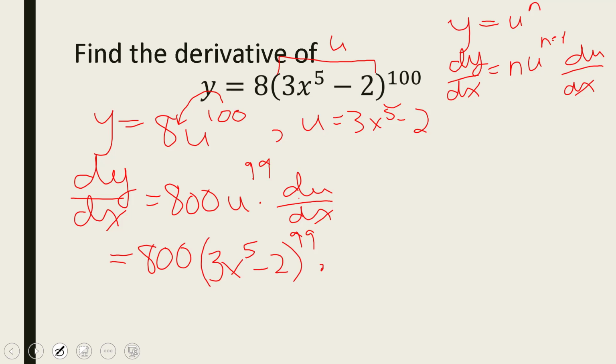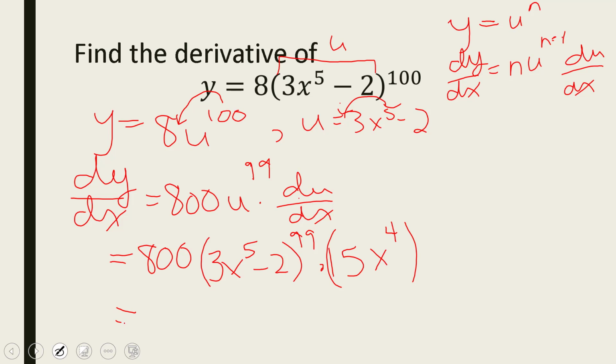Well, if u is 3x to the 5th minus 2, then du/dx, the derivative of this, would be, the 5 would come down, so this would be 15x to the 4th minus 0, because the derivative of a constant is 0. Okay, so this is the final answer.